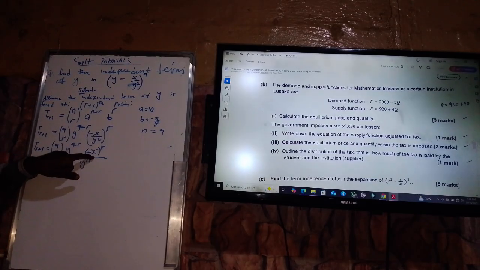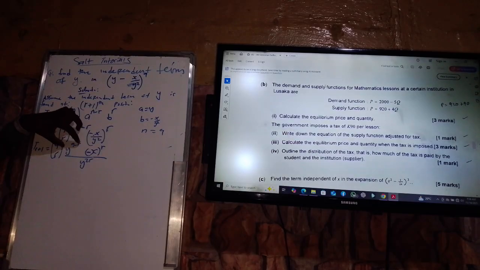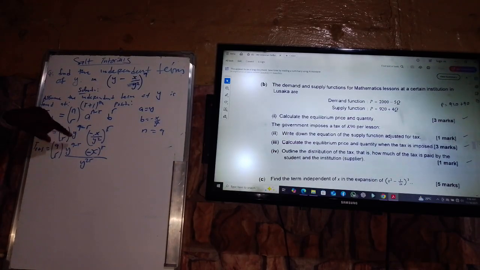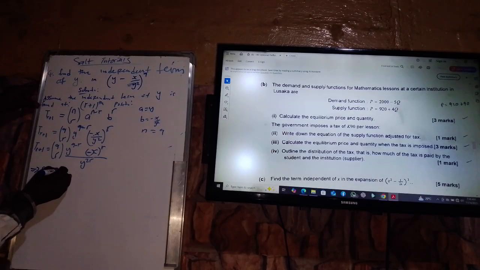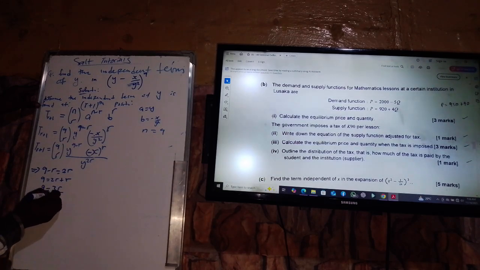But since I'm looking for the independent term of y, the powers of y in the numerator and the denominator should be the same for it to cancel out. So this implies that 9 minus r should be equal to 2r. When that crosses the other side, 9 is equal to 2r plus r, which is 3r, so r should be equal to 3.